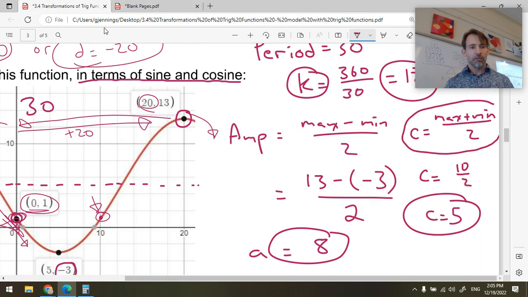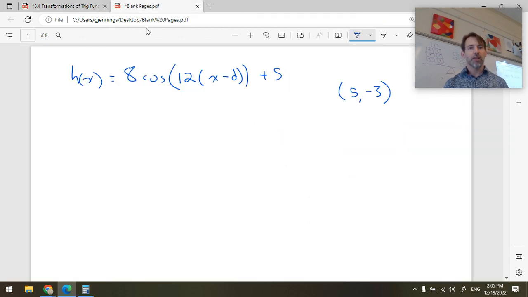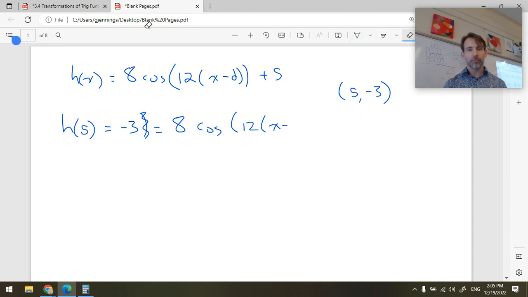So I can substitute: h at 5 equals negative 3, equals 8 cosine 12 times 5 minus d, plus 5. Great, I can go ahead and solve that.